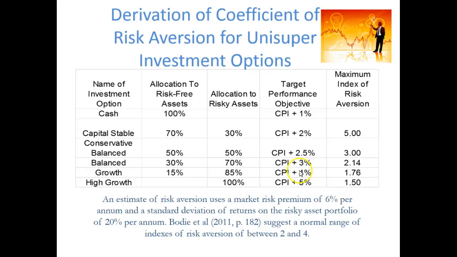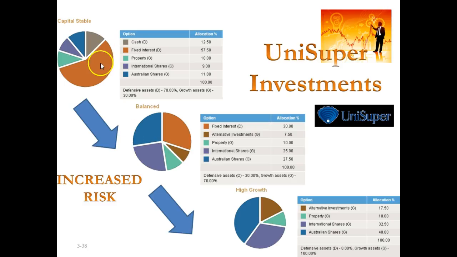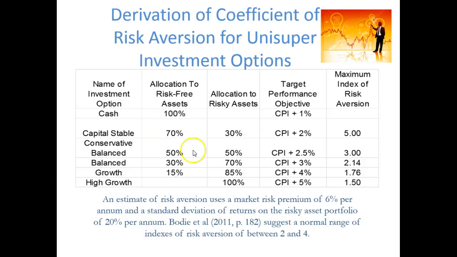If we assume the target performance of each of these funds is the expected return of the fund, and we use the weighting stipulated by UniSuper between defensive and growth assets, we can see the allocation in the risky portfolio and the risk-free asset, and back out the coefficient from this calculation. Here I'm assuming that the market risk premium is 6% and the standard deviation of returns is 20% per annum.